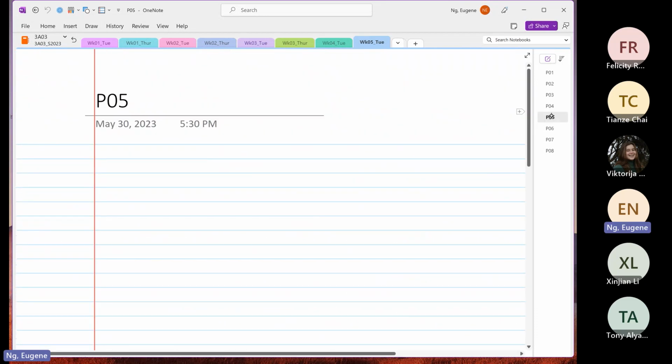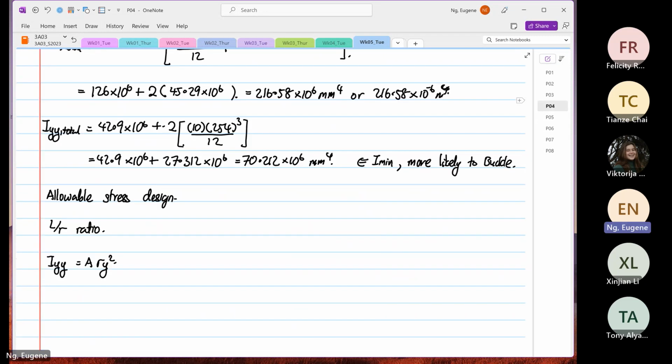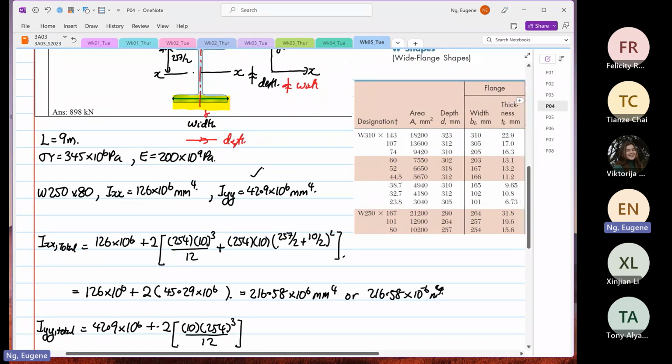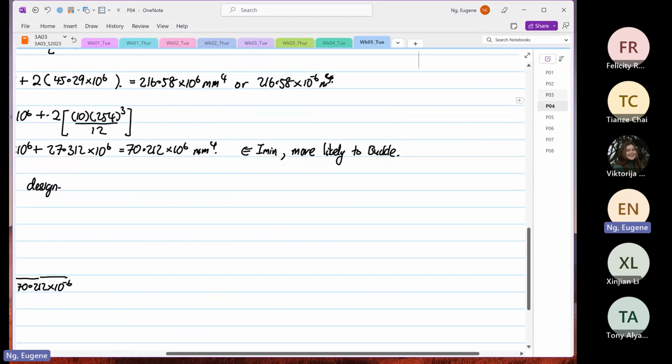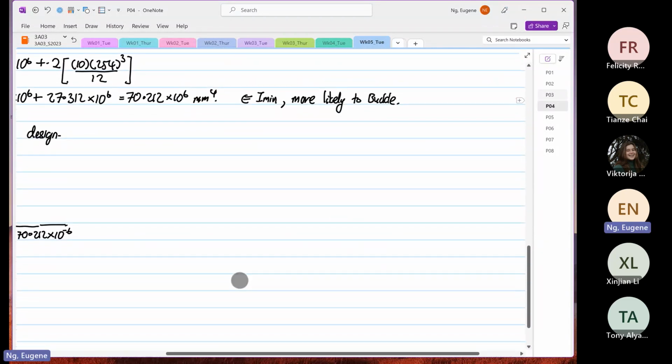So from here, we find our RY is equal to the square root of IYY divided by A. IYY is equal to 70.212 times 10 to the power minus 6. Then our area, so we know the area, it is 10200.